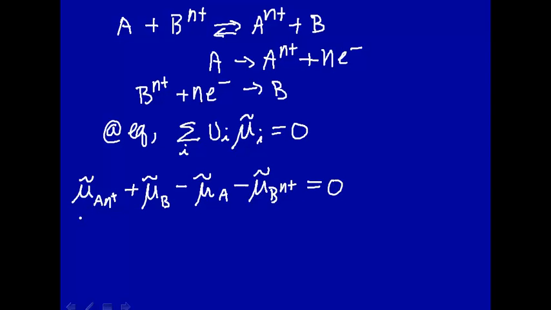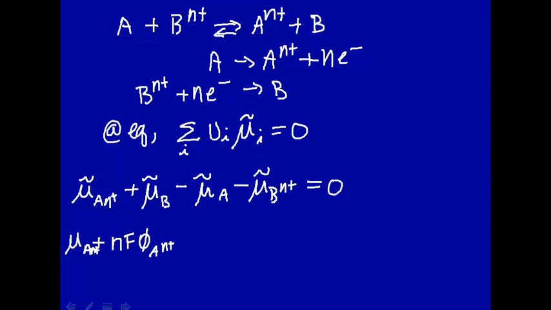Let's go ahead and expand this out. The electrochemical potential of Aⁿ⁺ will be the chemical potential of Aⁿ⁺ due to concentration, plus, since n electrons are being transferred, n times the Faraday constant times the electric potential of Aⁿ⁺.